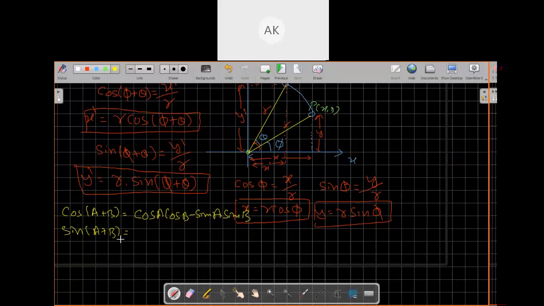How can we remove it? If you remember the formulas for cos A plus B and sin A plus B. Unmute your mic and speak. What is the formula for cos A plus B and sin A plus B?